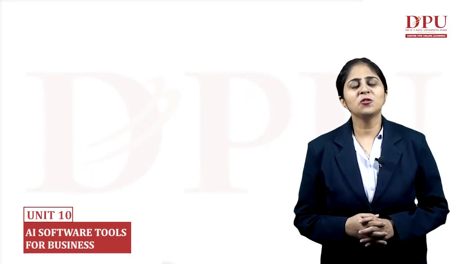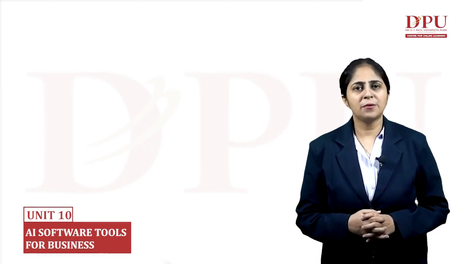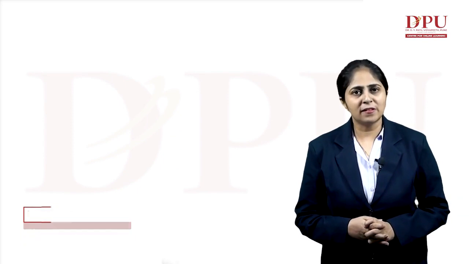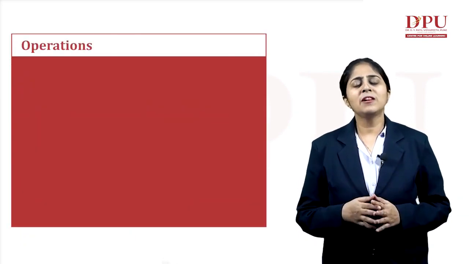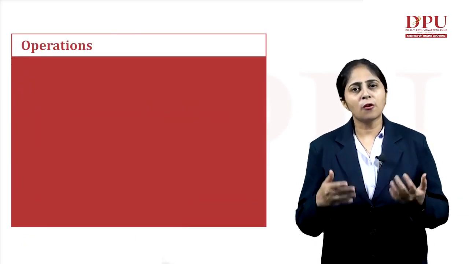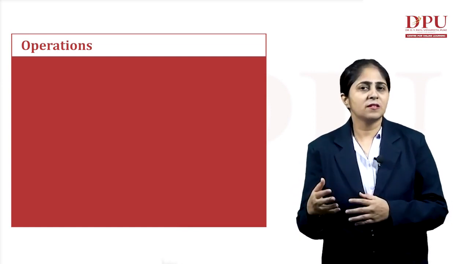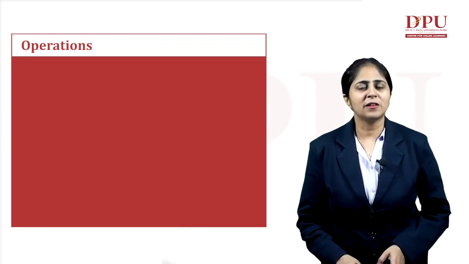Now we have reached the final unit of our subject, which is unit 10, AI software tools for business. In this unit, we will be discussing the various software tools that you can utilize for your business according to your requirement.